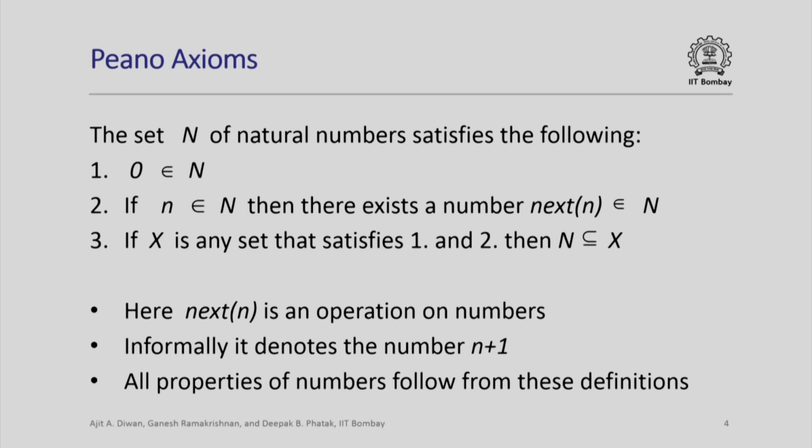Informally it denotes the number n plus 1. So for every number n there is a number that follows it, which we denote n plus 1, or here we will call it the next number, and all properties of numbers now follow from just three assumptions about the numbers. So we will see how.